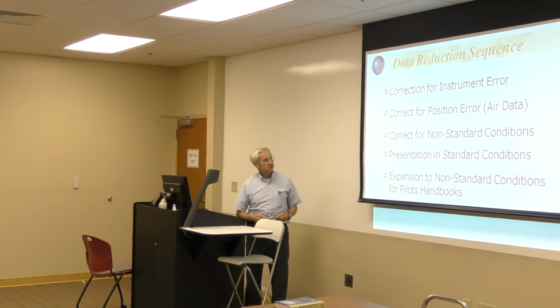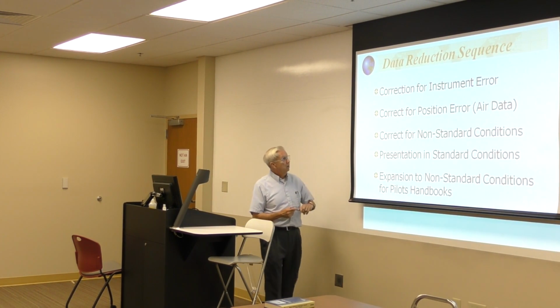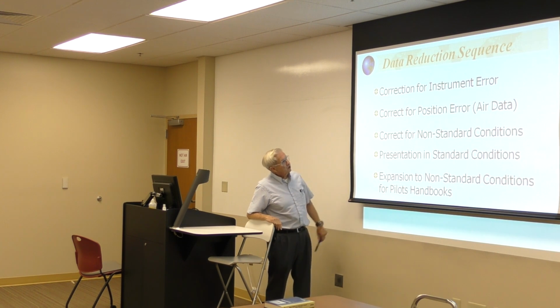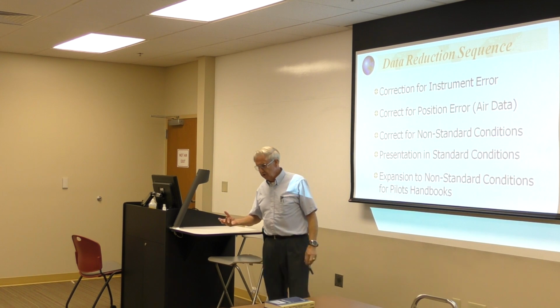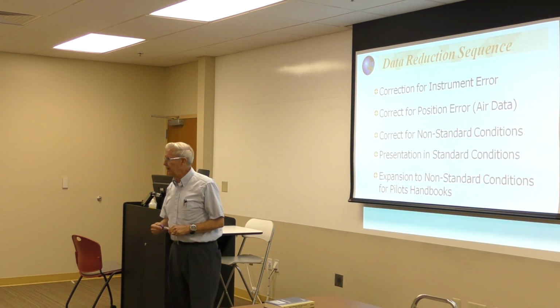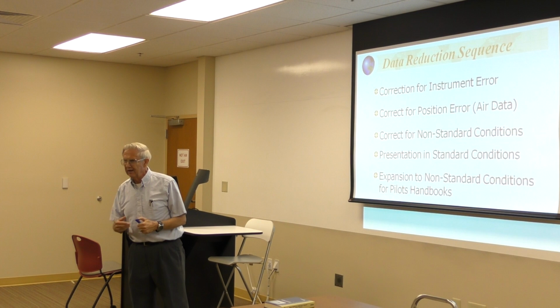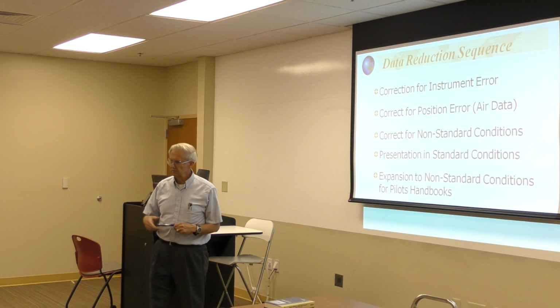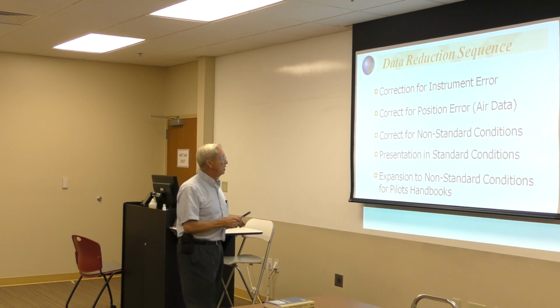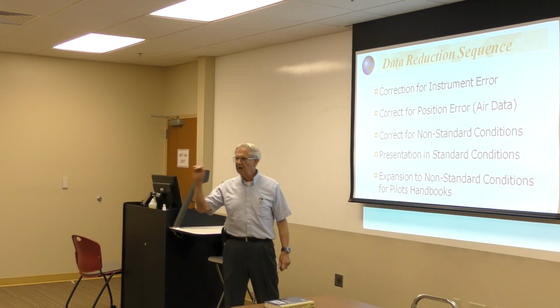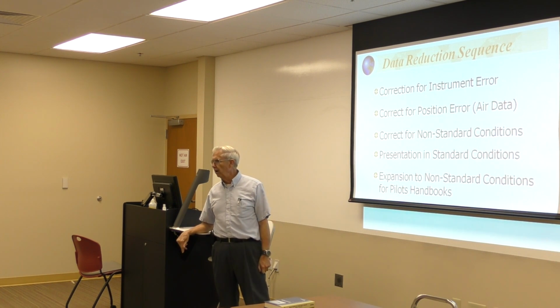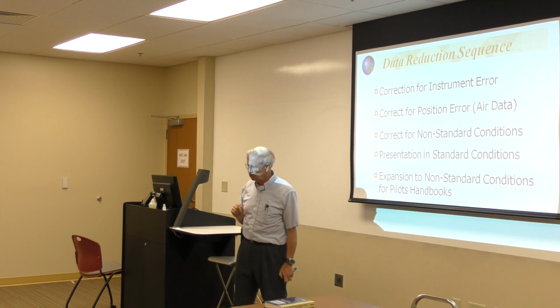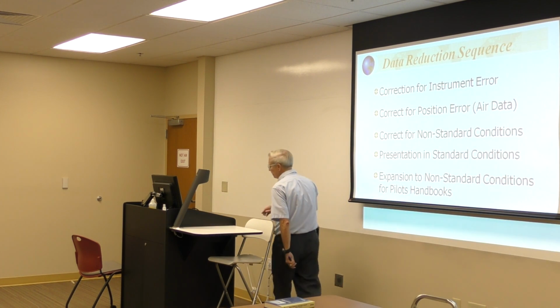And here's how we go about doing the corrections. Correct for instrument error. The instruments each have an error, and I'll try to remember to bring an instrument in that I've got cut away for you all to take a look at. Position error. I won't spend a lot of time on it, but the airplane flying through the air has its own error, and we call it position error. It depends on where you put the static source. We'll talk more about that.